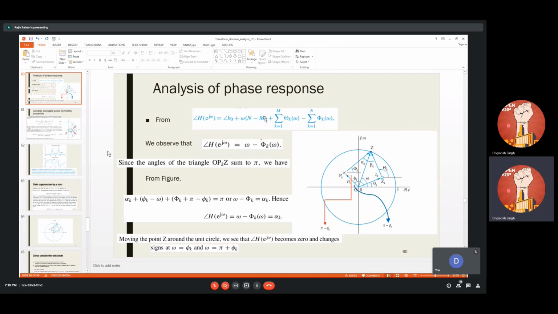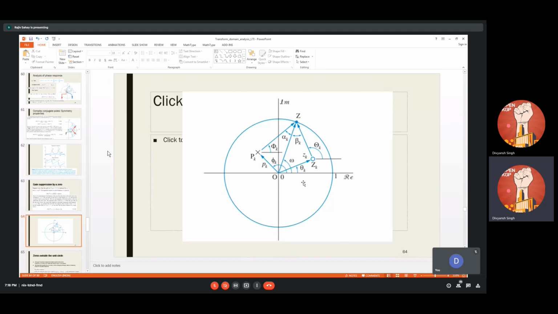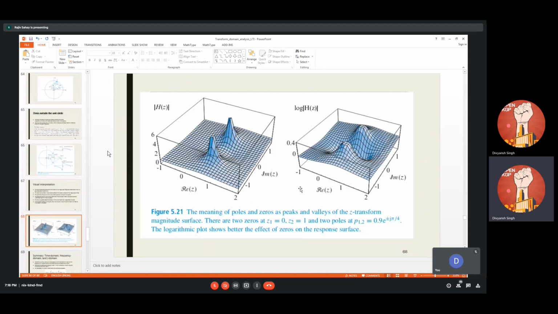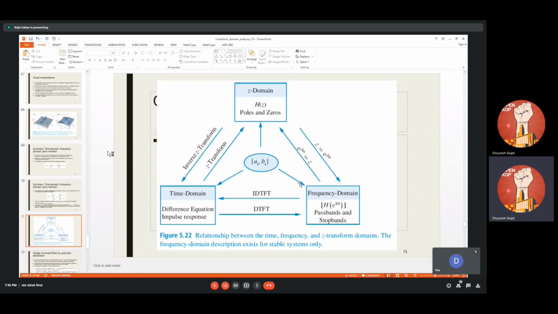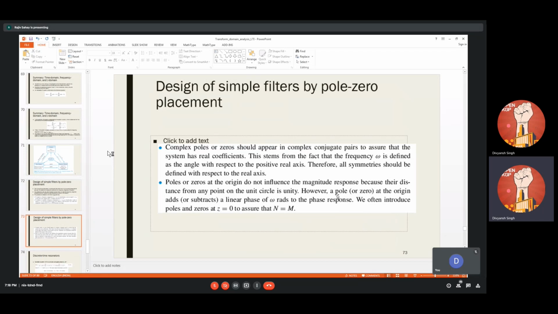So if N is greater than M, then it means that this is a pole at the origin. So a pole or zero at the origin adds or subtracts a linear phase of omega radians to the phase response.